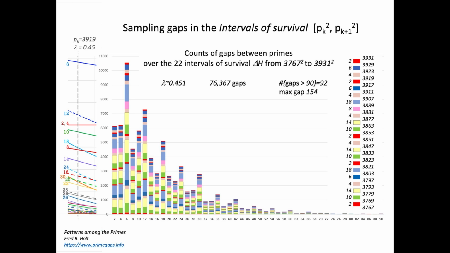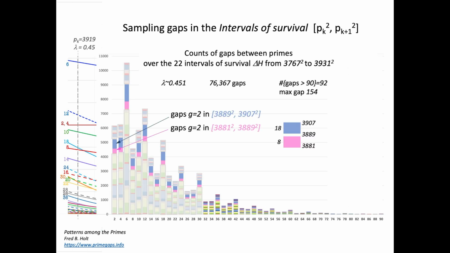How do these work? The way to read these graphs is, let's take a look at 2 intervals from 3881 and 3889 up to 3907. So we're going from between the squares of those numbers. In that first column, we're looking at all of the gaps 2 in that interval of survival. That's represented by the pink band there.